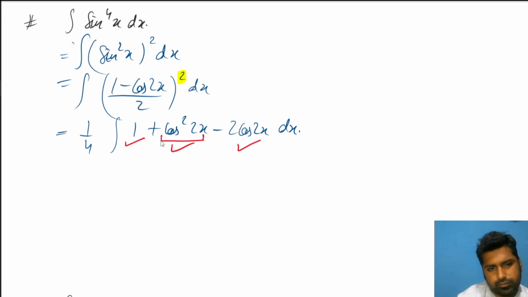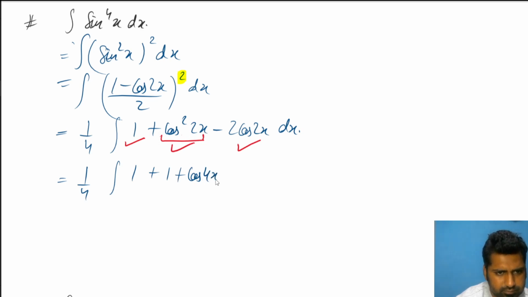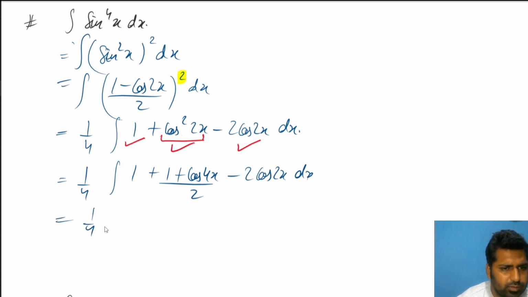Now I know that I can vary it slightly, cos square, because of the power 2, and still I can integrate this. Let's integrate. 1 by 4, integration of 1 can be done. Cos square can be rewritten as 1 plus cos of double of this angle, 4x by 2, minus 2 cos 2x dx. Let's take one more step. Add this 1 and 1 by 2.